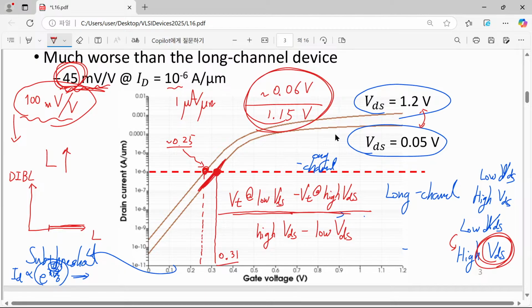Only after that do we have a rapid increase of our DIBL value. If, for example, we take 100 millivolt per volt as a criterion, then the DIBL value will exceed this criterion. That length can be regarded as the minimum value we can endure with the given DIBL criterion. So then what should we do?